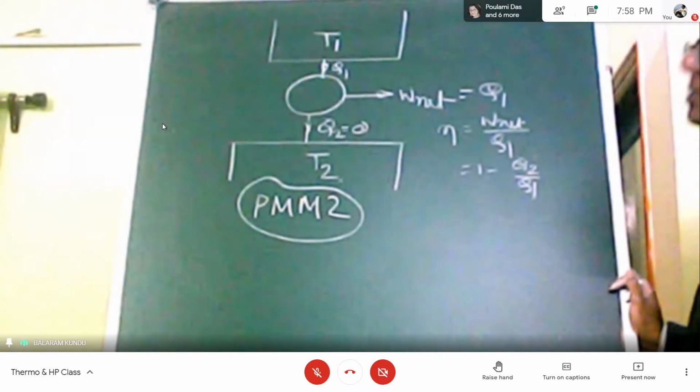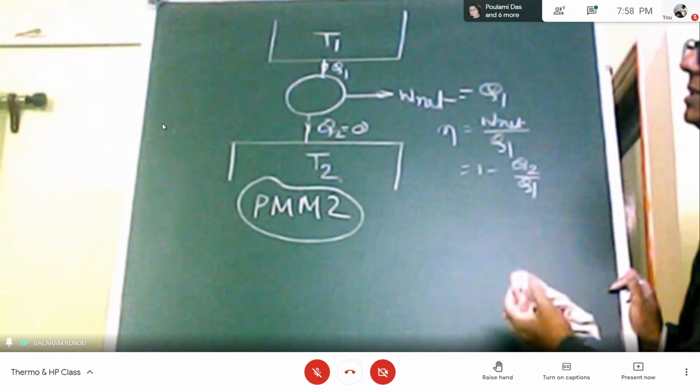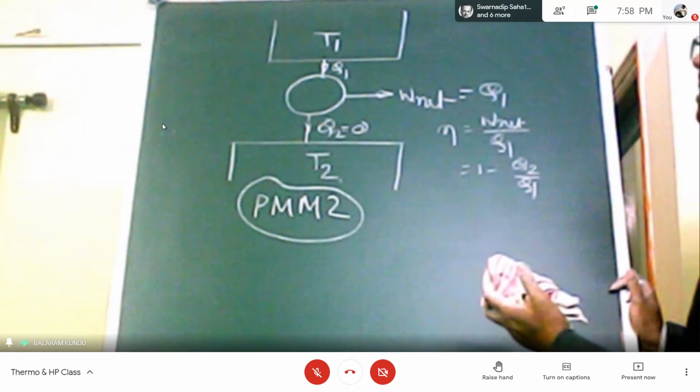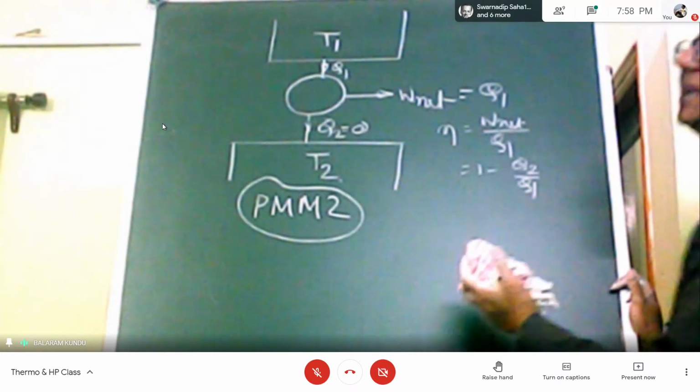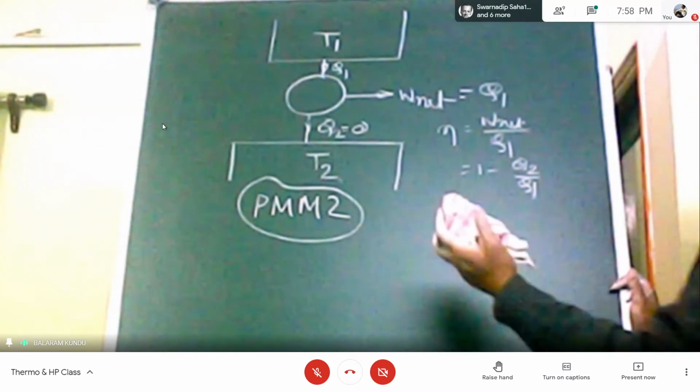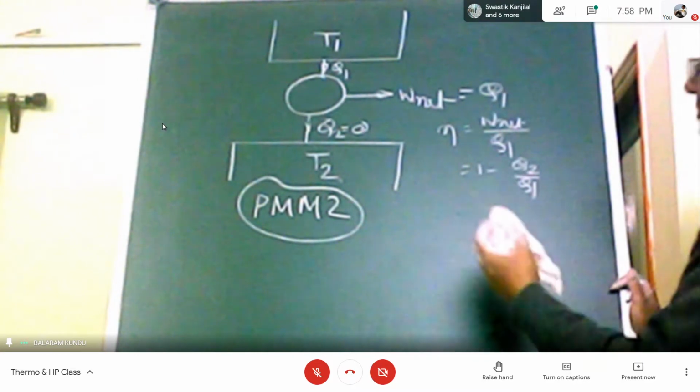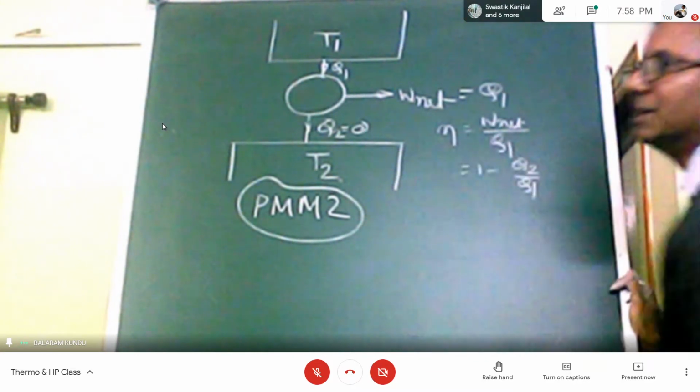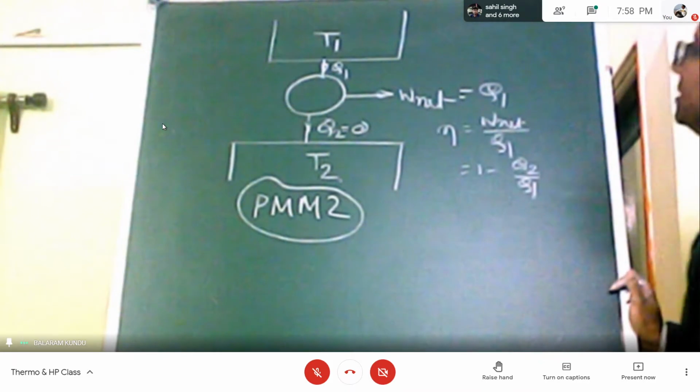As the limitation is there, it is needed to investigate another law, and the second law has come to remove this difficulty in first law analysis.